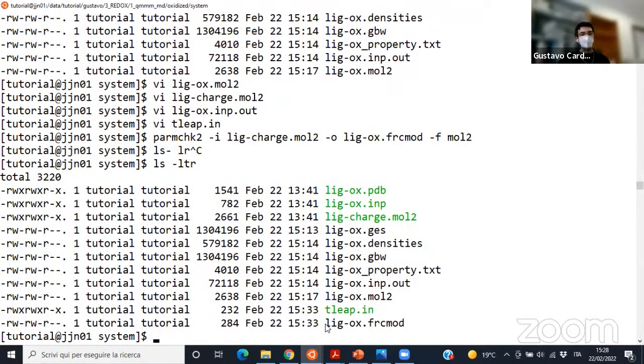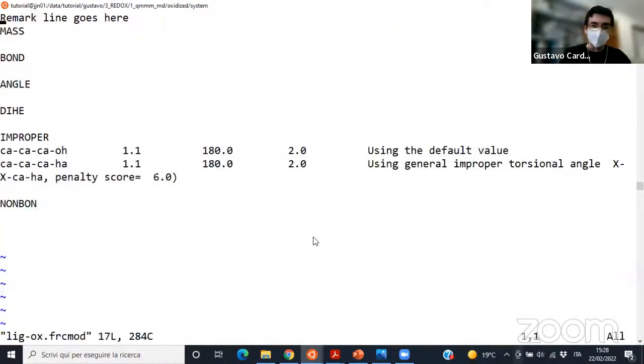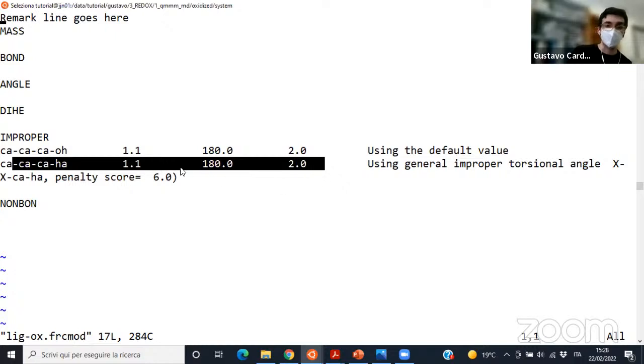lig-ox.frcmod. You're going to notice that this file is the exact same as before. The reason is that parmchk just looks for parameters that are already present in the Amber force field for different atoms.